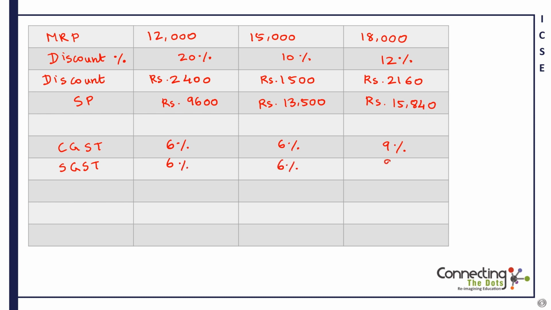So the total GST in these cases will be 12% for the first two machines, and 18% for the last one. So this tax rate has to apply on the selling price.